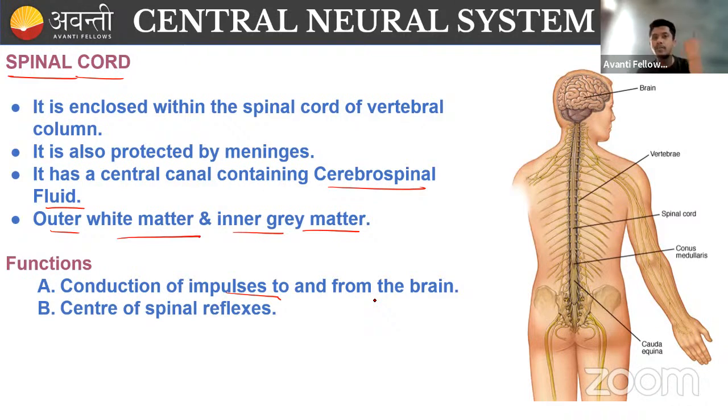Next, the same information is relayed to the brain for further decisions, like what happened, how much pain you are feeling, what bit you, etc. That happens because the spinal cord conducts and coordinates impulses from the brain to the organs, or from organs to the brain. It is also a center of spinal reflexes. All right, so this is about your spinal cord.